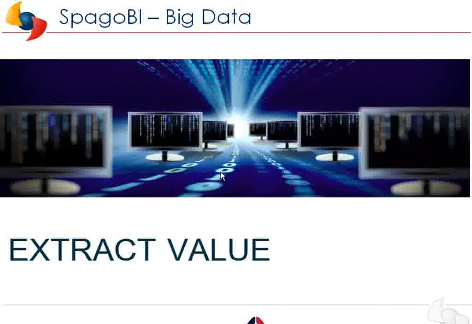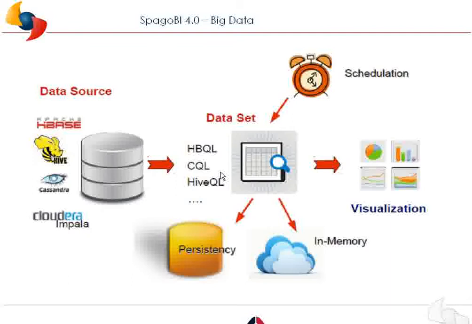So it's important for a business intelligence platform to be able to manage big data, but especially to provide the right tools in order to manage them and to extract information from big data.